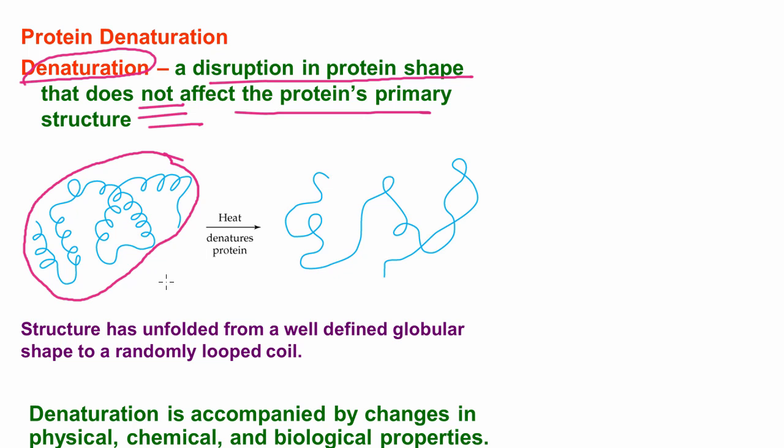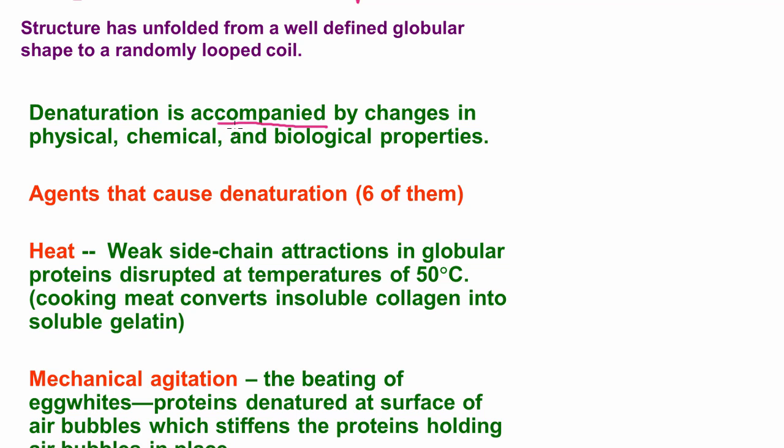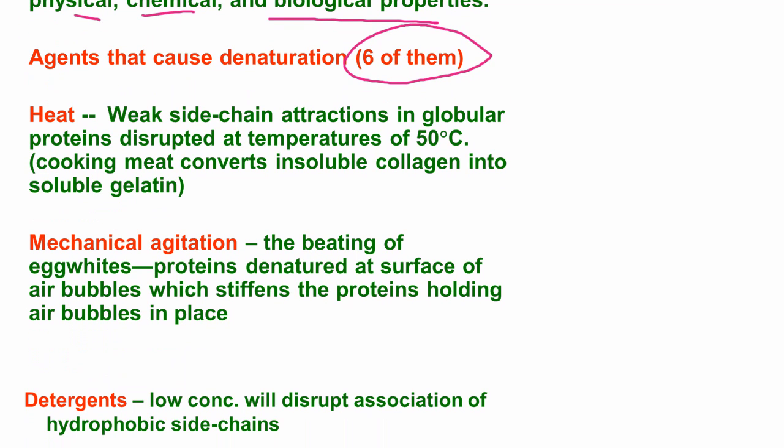In this case, we see that the structure is unfolding from a globular shape to a randomly looped coil. When a protein is denatured, that's accompanied by changes in physical, chemical, and biological properties. There are 6 main agents that can cause denaturation of a protein. In other words, if a protein is denatured, it cannot function as it is supposed to function.